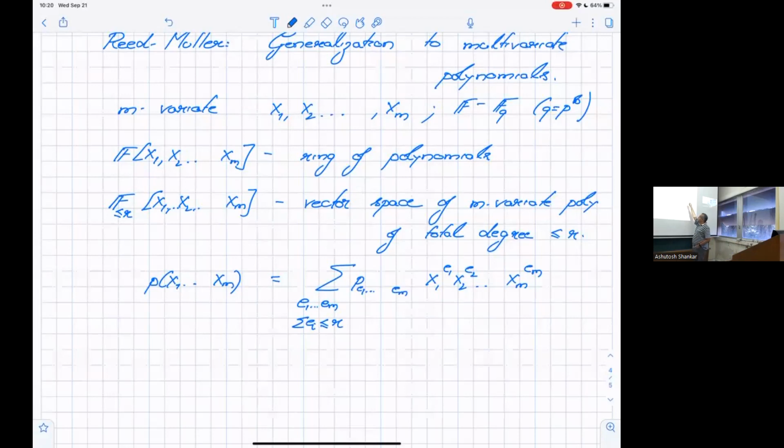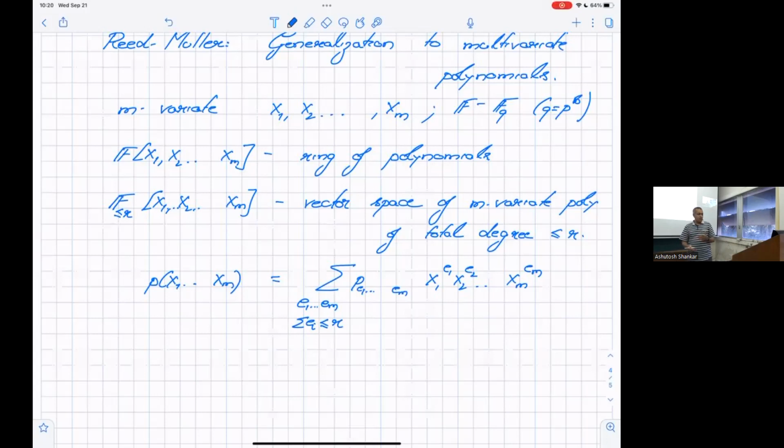Basically, notice that we are working in the field F_q. So x1 and x1 to the power q are the same. They are not going to be evaluated to two different things. If I allow e1 to have degree q or more, then two different polynomials will actually have the same evaluation. For example, x1 to the power q and x1. They might be different as polynomials, but when I evaluate them on the field F_q, they agree everywhere. And because we are not looking at polynomials as polynomials themselves, we are looking at evaluations, these two polynomials will be the same.